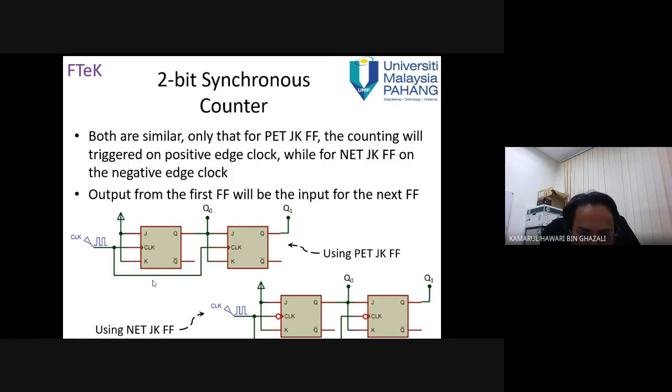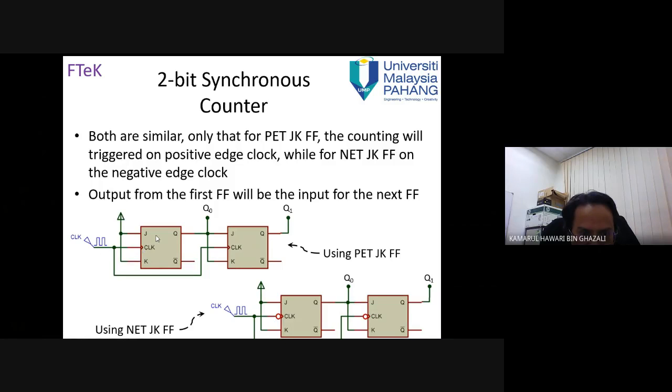If you look at the connection of the flip-flops properly, you can differentiate between the synchronous and asynchronous counter. In the synchronous counter, the clock is connected to one common source.